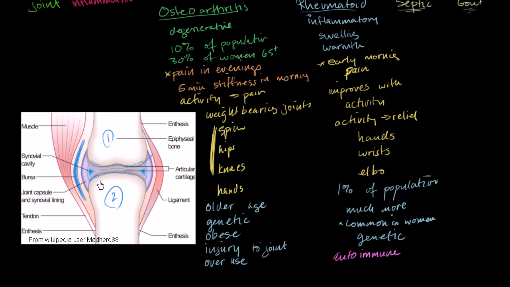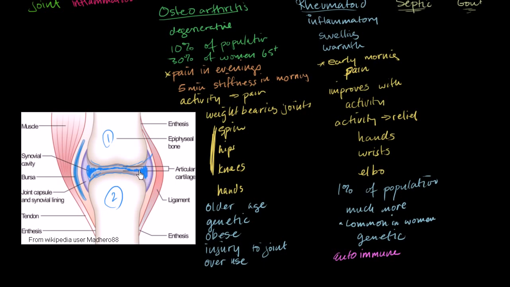Cartilage is basically a spongy material that serves as a shock absorber for your joint. And lining the cartilage, in blue, you see there is some fluid. The fluid also helps with shock absorbing and helps have a nice gliding motion when you are moving that joint.